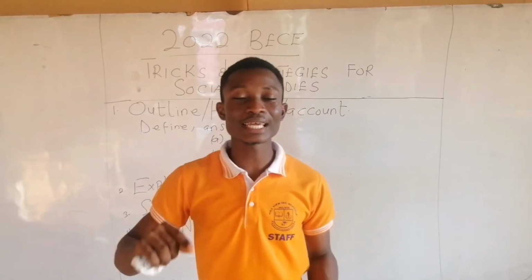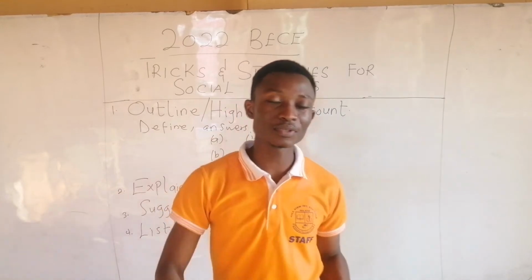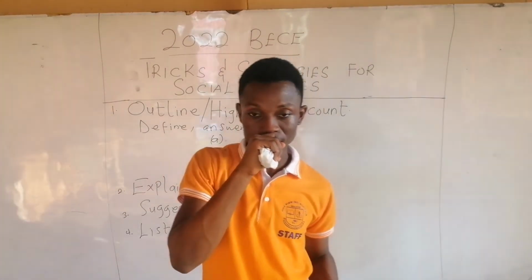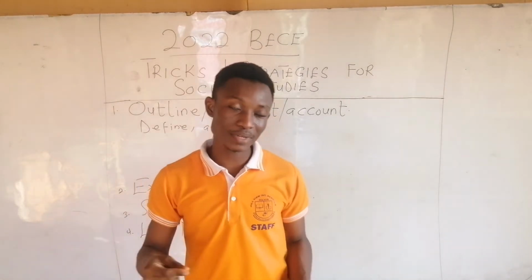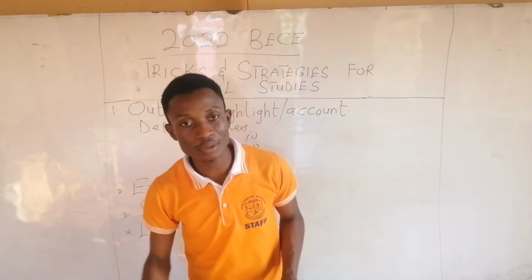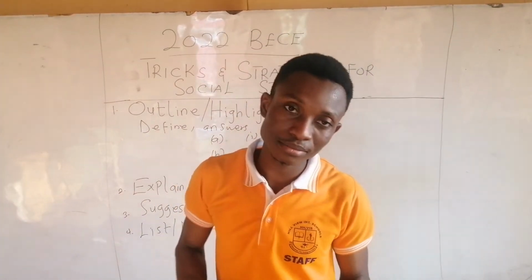Some causes of the February 1948 riot include: 1. The shooting and killing of the 3 ex-servicemen at the Christiansborg Crossroads in Accra. 2.